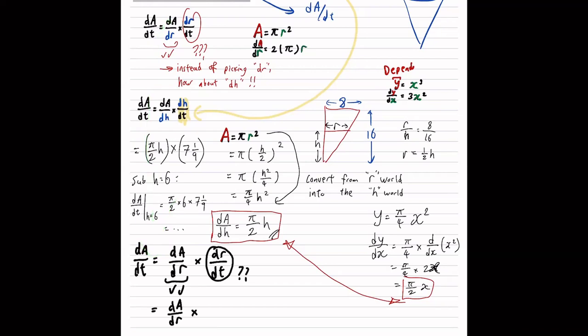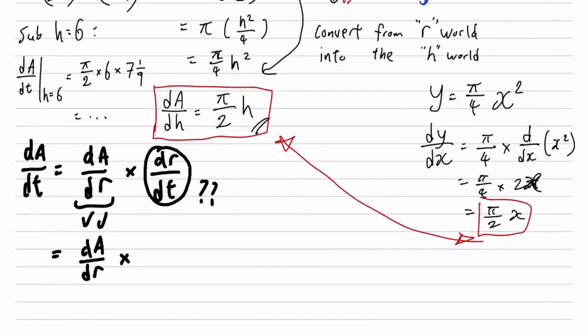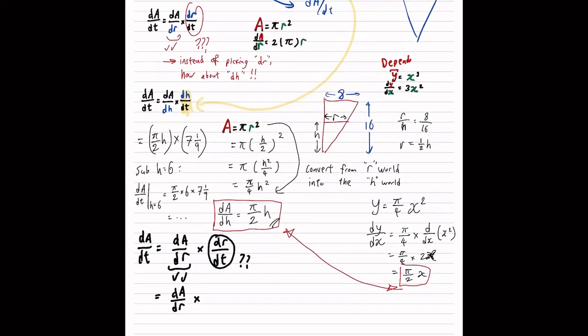If we use chain rule, this splitting up trick one time, why can't we do it again? What's stopping us from doing it again? So this part that we have a problem with, which is dr by dt, why don't we also split it up? dr over something, times something over dt. Split once not good enough, then split again. This is our second method.